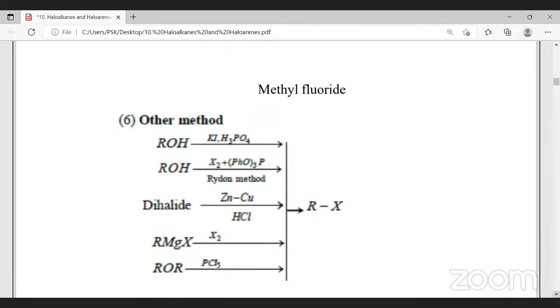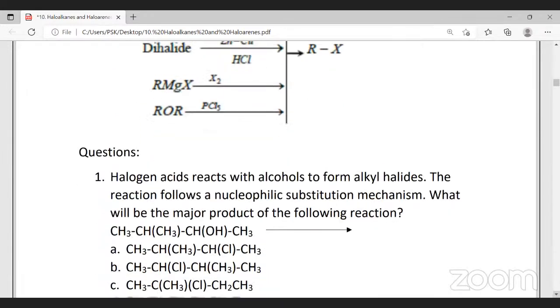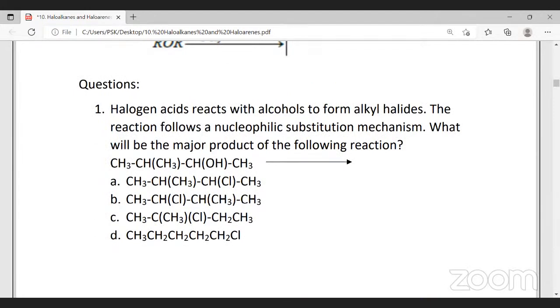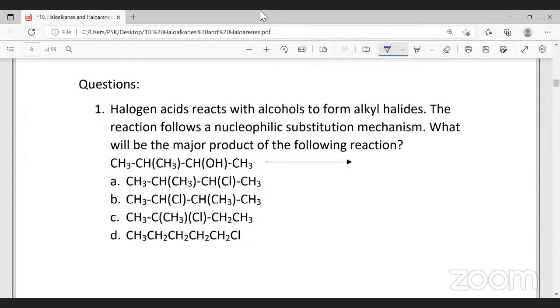Now, other methods we learned, the reaction of alcohol with KI, alcohol with halogen, all that we learned. We will learn a few questions based on the preparation part, and then we'll continue with the chemical properties. Now, alcohols react with halogen acids. Halogen acids means what? HCl is a halogen acid, hydrochloric acid.